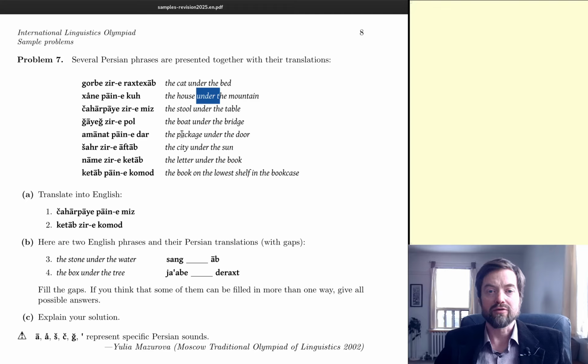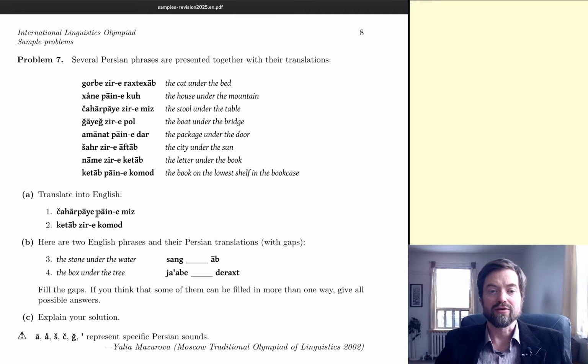So, is there any pattern there? Let's see, well, under the door, under the mountain, versus under the bed, under the table, bridge, sun and book. Don't see any clear difference there. You look for maybe something that would be different in the meaning somehow. Are they living things? No, only the cat is living. The rest are all not living. So nothing immediately explains it.